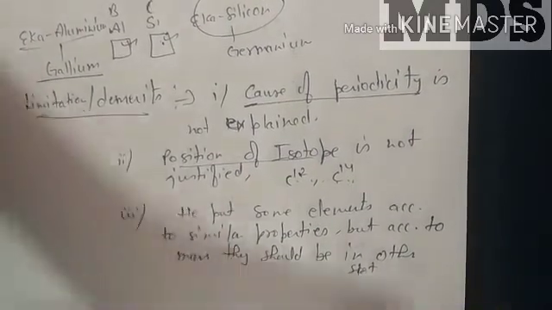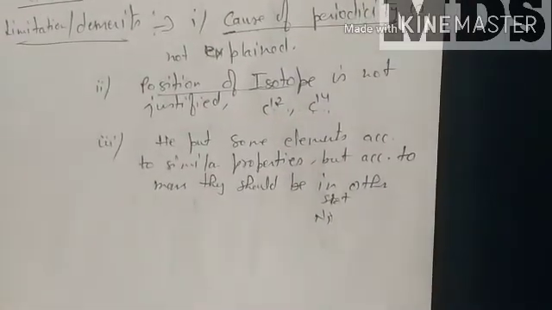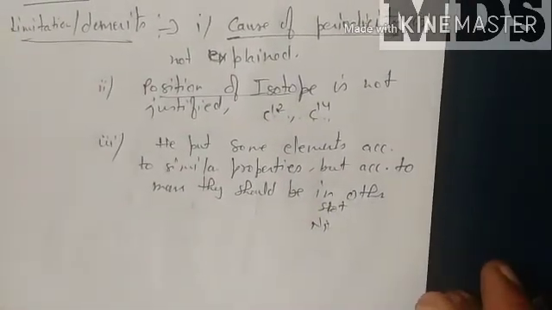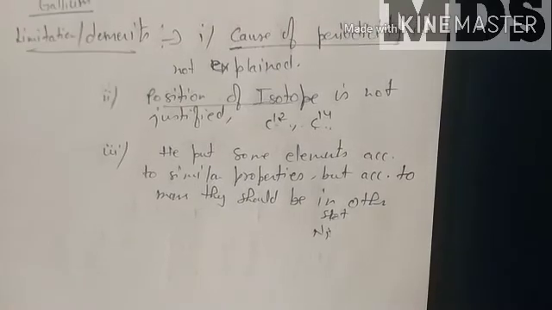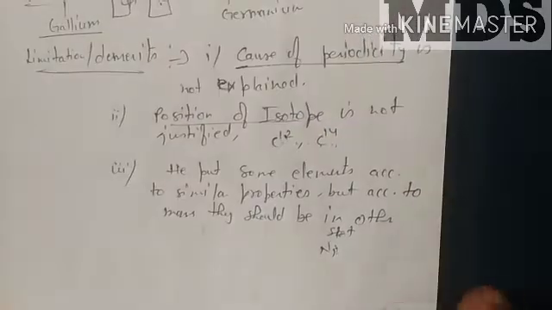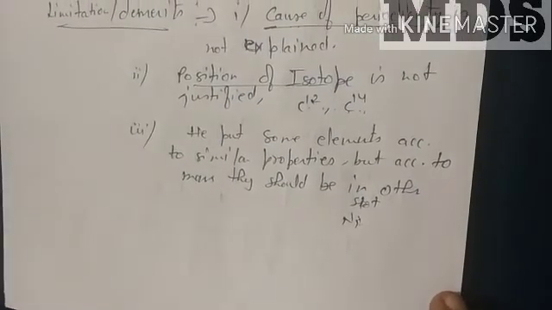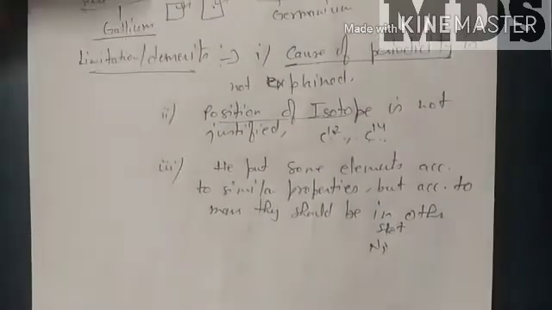Like he put nickel before cobalt, however nickel's mass is greater than cobalt's. So his own law is violated by his own classification. So this is about the Mendeleev classification, dear.